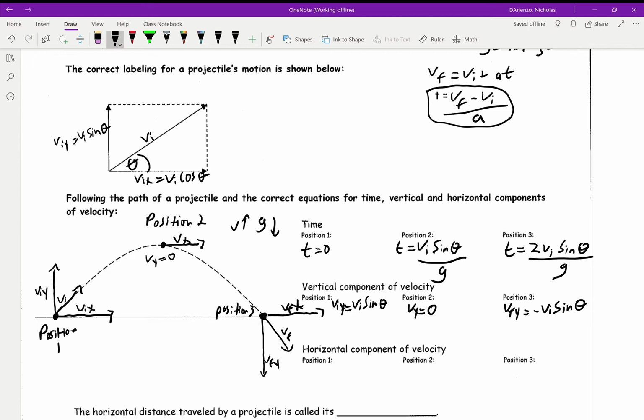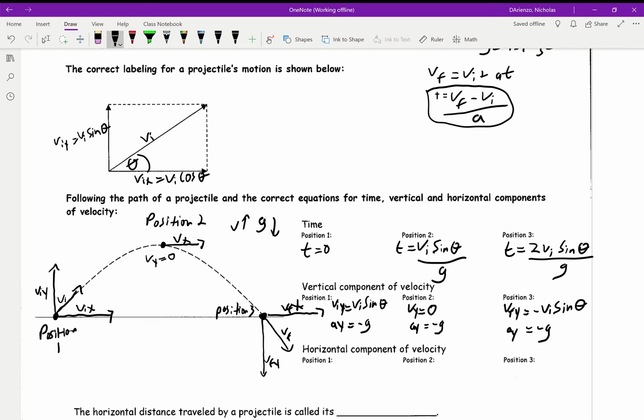Now, this isn't really listed on here, but I'm going to put it on here. Talking about vertical components, acceleration at position 1 would be minus 9.81. And that's going to be the same for position 2. And as you probably saw from your projectile motion simulator, this does not change.